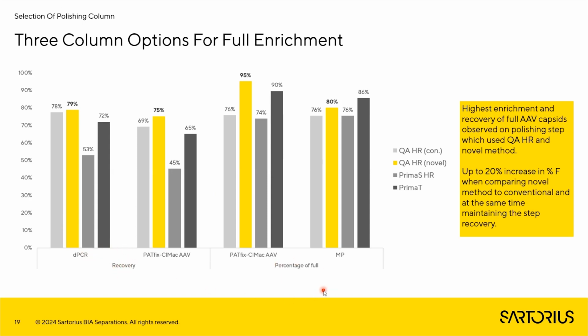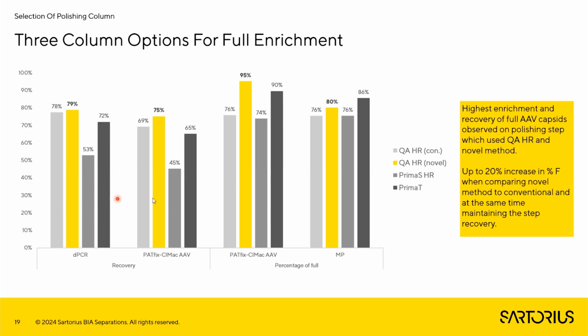For recovery, we used the dPCR estimation and also PETFIX CIMac AAV, which is capable of it by integration of the peaks. For percentage full, the same method simultaneously gives you a reading of recovery, but also lets you determine the percentage of full. And the other method for percentage full was mass photometry.